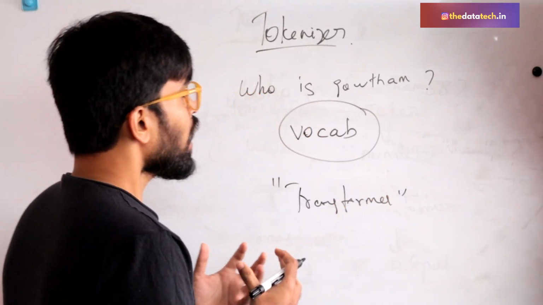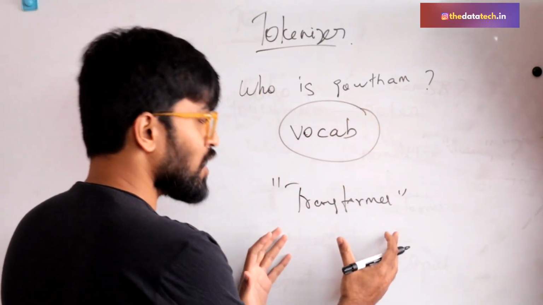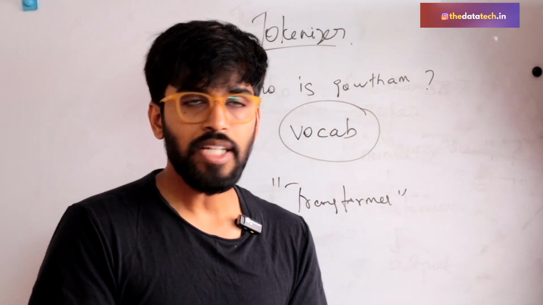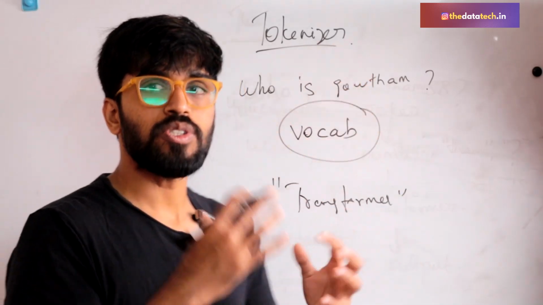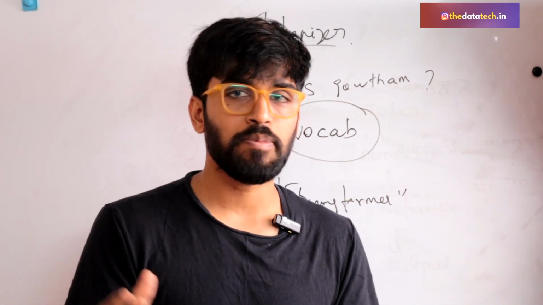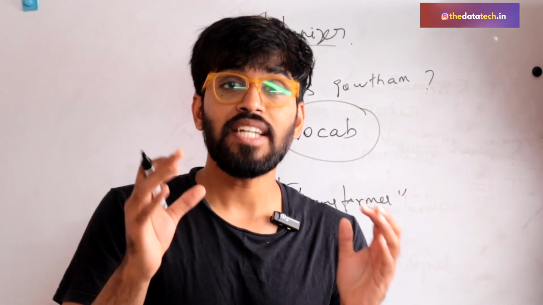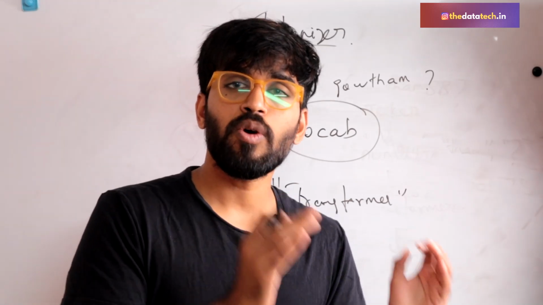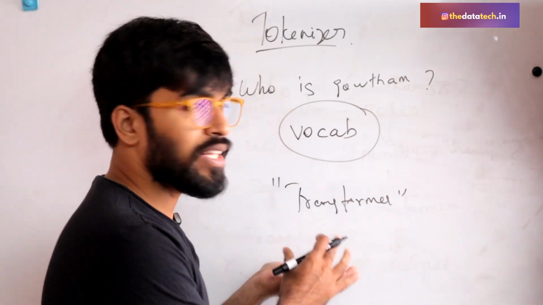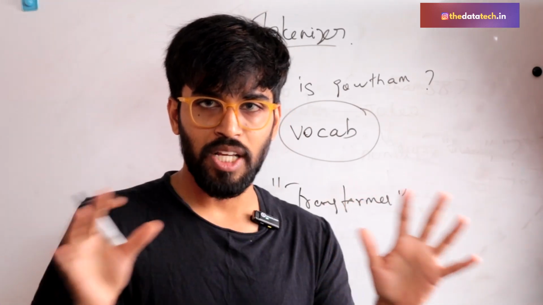So what they do is, even before they train the transformer, they train the tokenizer. They train it by giving a large data set in the form of books, websites, Wikipedia, so many sources, just to train the tokenizer to create the tokens for the words. That is different from how they train the transformer. So there are two types of training here.